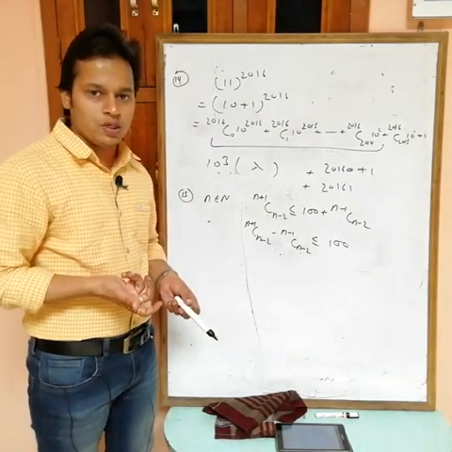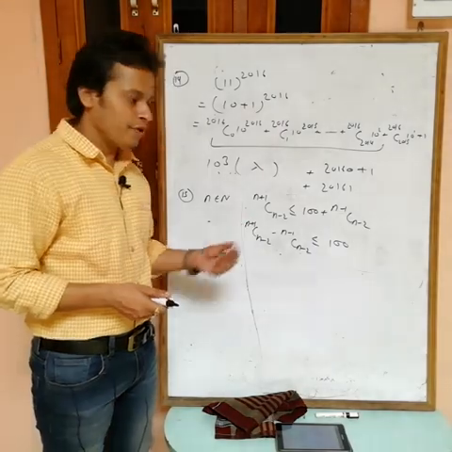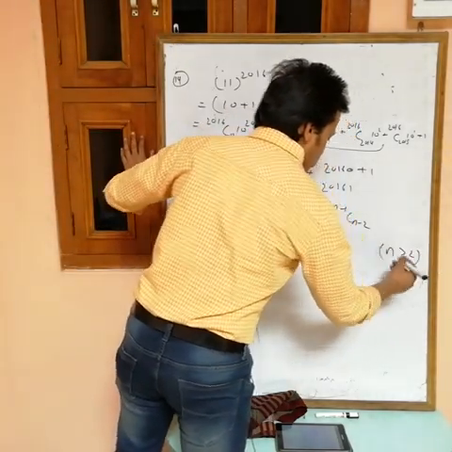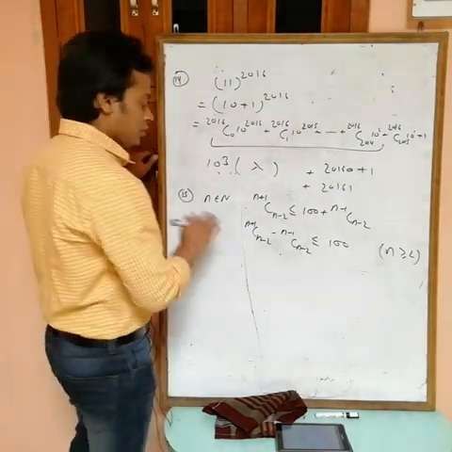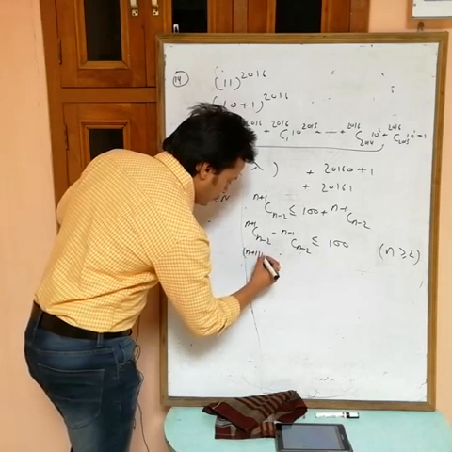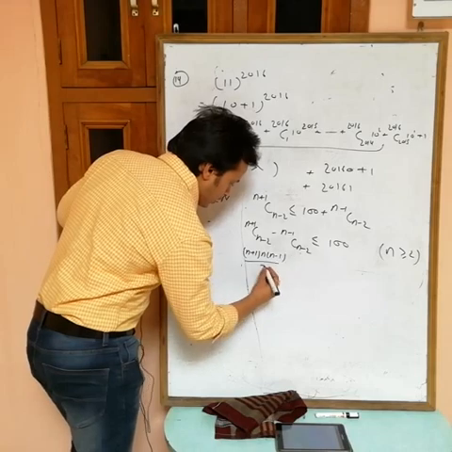We can't select minus 1 number, this can't be less than 0 and this can't be less than 1. So here one thing is clear, n must be greater than or equal to 2, we can't take n equal to 1.